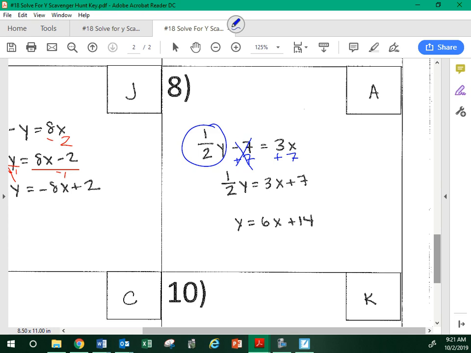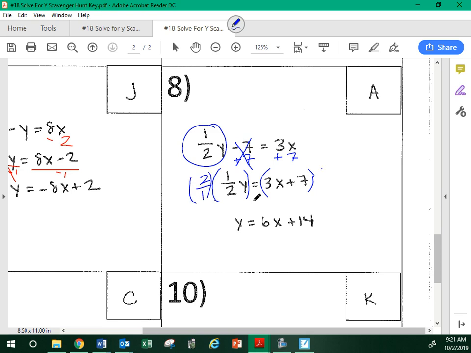And now this is the tricky thing here. We have 1/2 times y. We said we could divide by 1/2, but that looks pretty ugly on our calculator. So the easier thing to do is to instead multiply by this flipped upside down, 2 over 1.